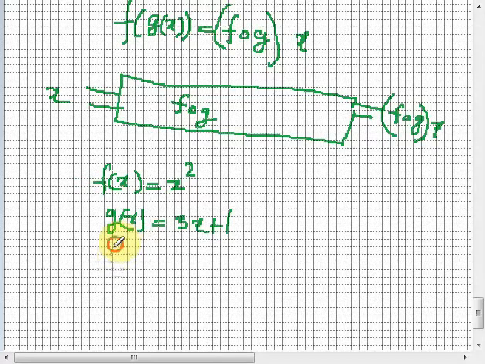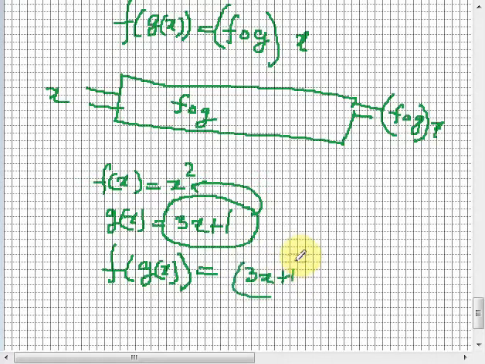So what is f of g of x? g(x) is this one, so we put this value in place of x, and f of g of x will become (3x plus 1) whole square. Here it was x, so it becomes x squared; if it is g(x), it becomes g(x) squared. This is our f of g.